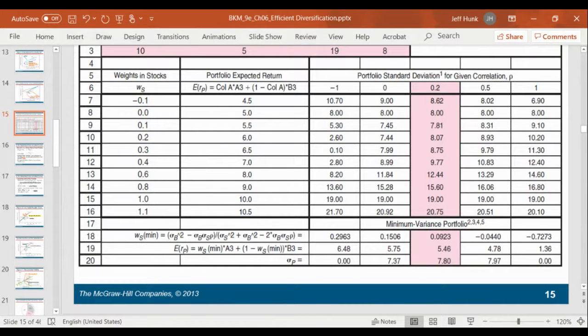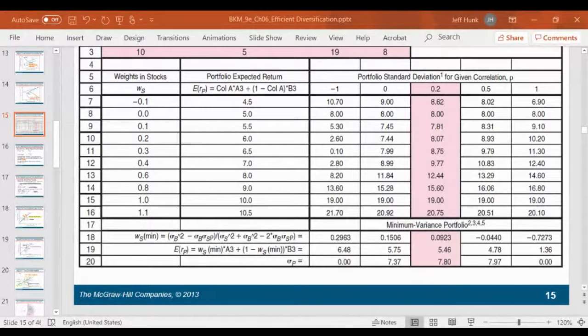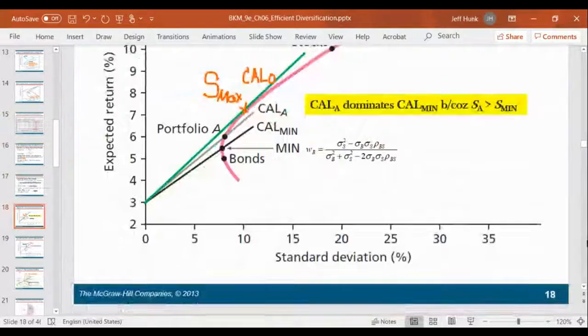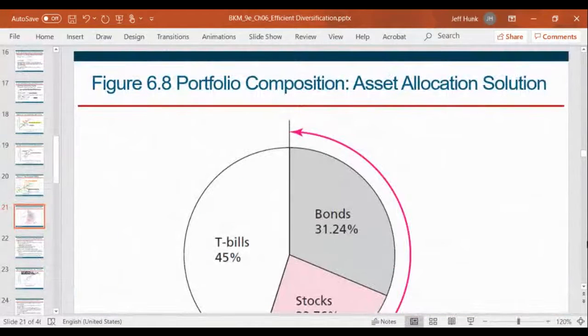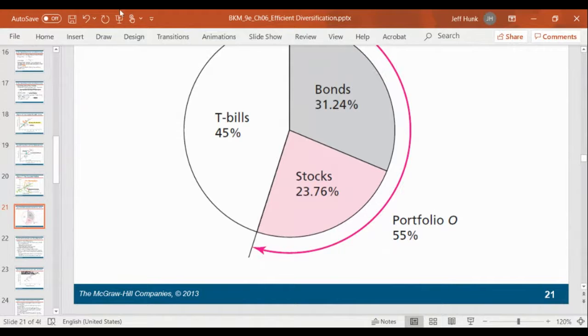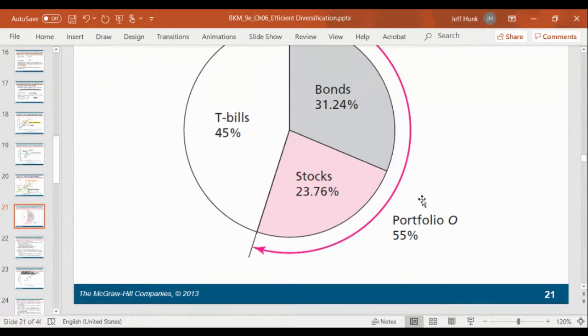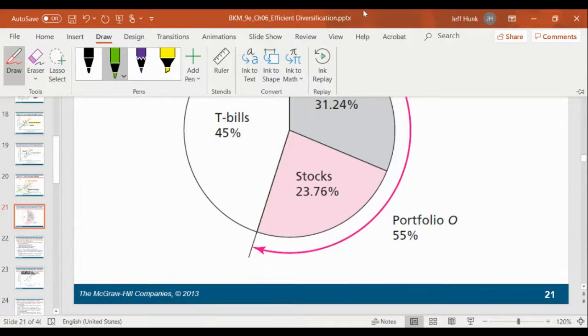And 1 minus, let me, the weight of the stock is, okay, I get it.